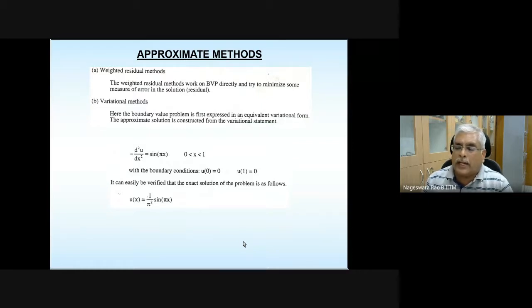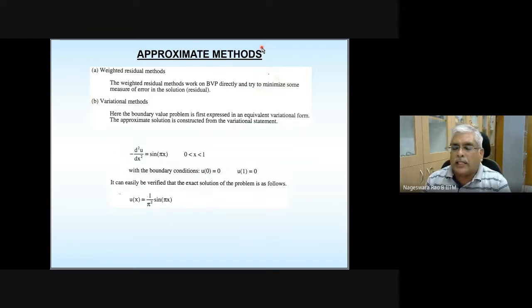So now you have an idea of what we are going to do in the first few classes. We are going to look at a differential equation valid over the domain and subjected to some conditions, and how to solve that differential equation. Okay. So we are going to focus on approximate methods. I told you in the finite element method there are two approaches.